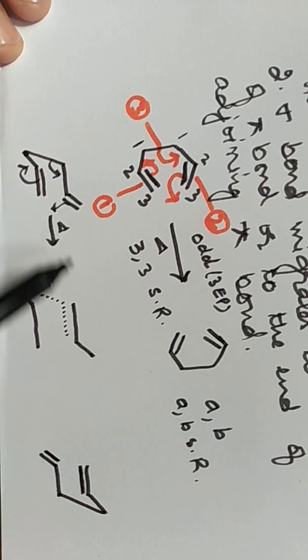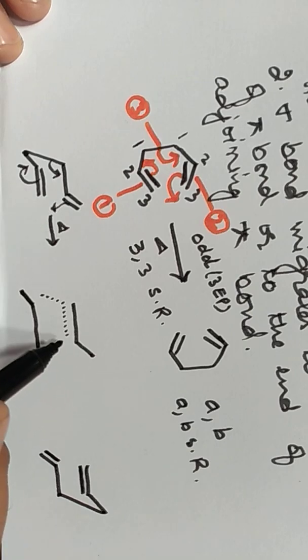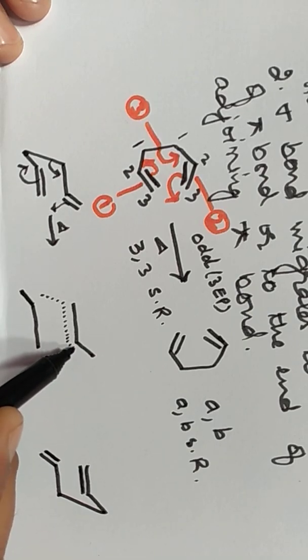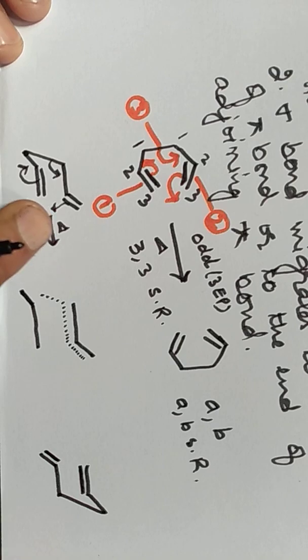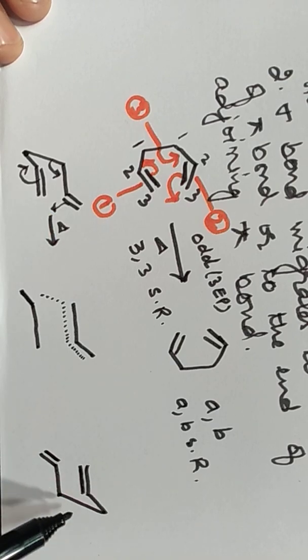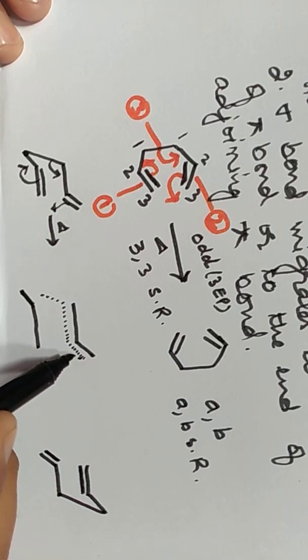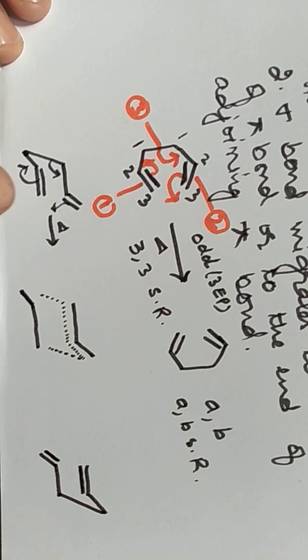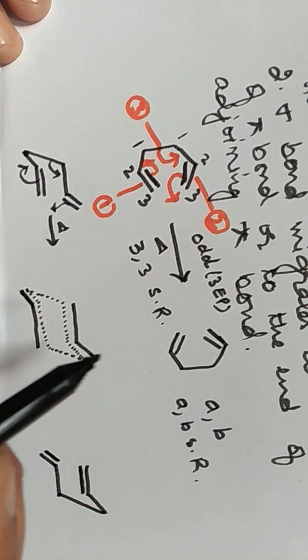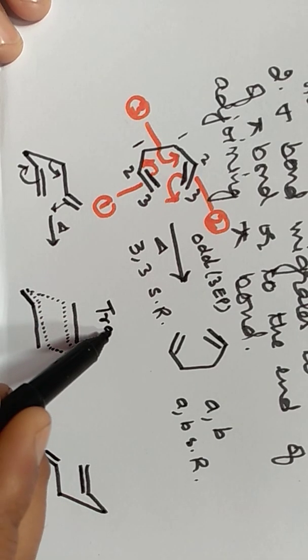Then this is an old bond, we put dots for this old bond. Then the new bond formed, this one, we put dots for this new bond. This is an old bond, we put dots for this old bond. And this is a new bond, we put dots for this new bond. So this is the transition state, right?